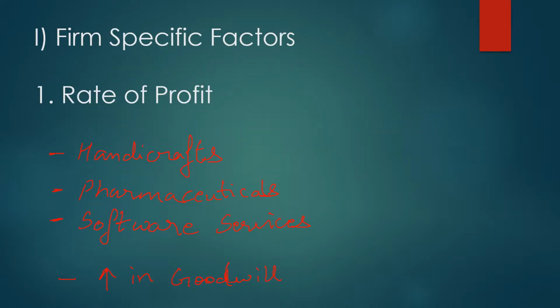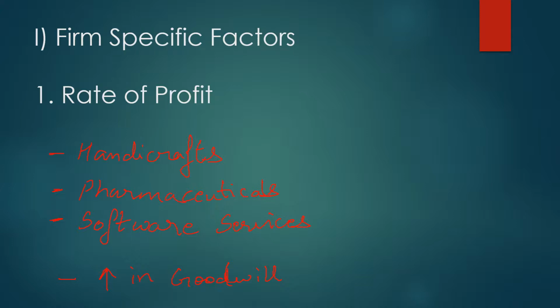Now let us understand the first firm specific factor, that is rate of profit. So for certain products like handicraft products, pharmaceutical products or services like software services, the rate of profit is more because export businesses may have higher profits than the domestic market, and this is possible in these kinds of goods.